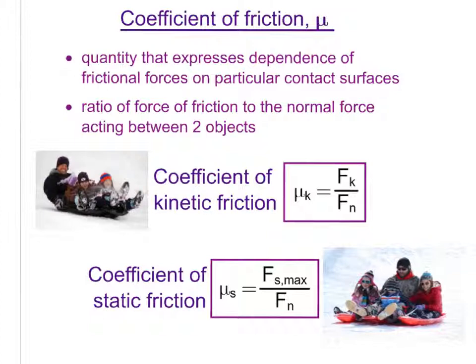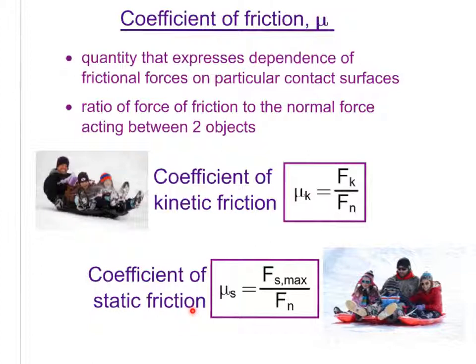We have two different kinds of coefficient of friction that we're going to look at. We're going to look at the coefficient of kinetic friction. In that case, we're going to talk about mu sub k, with a little subscript k, which tells us the coefficient of kinetic friction, and that's going to compare the force of kinetic friction to the normal force. And of course, kinetic friction is when the two objects are sliding past each other.